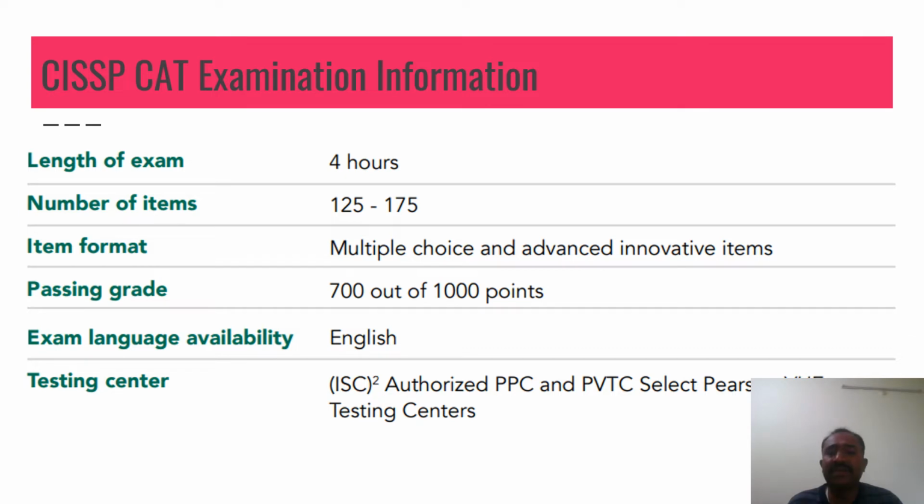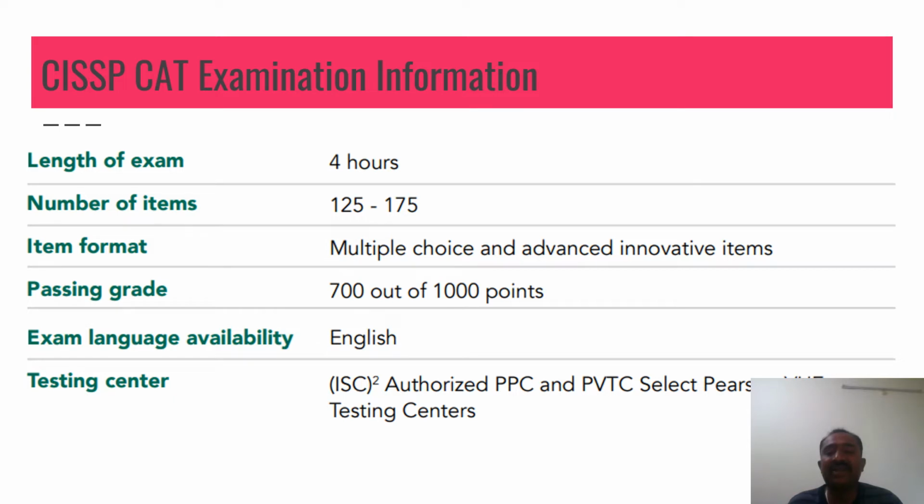Now let's come to the examination format and the other stuff. The length of this exam is usually 4 hours, and the number of items will be 175 questions. The minimum is 125 questions, and it can go up to 175 questions. The item format is multiple choice.